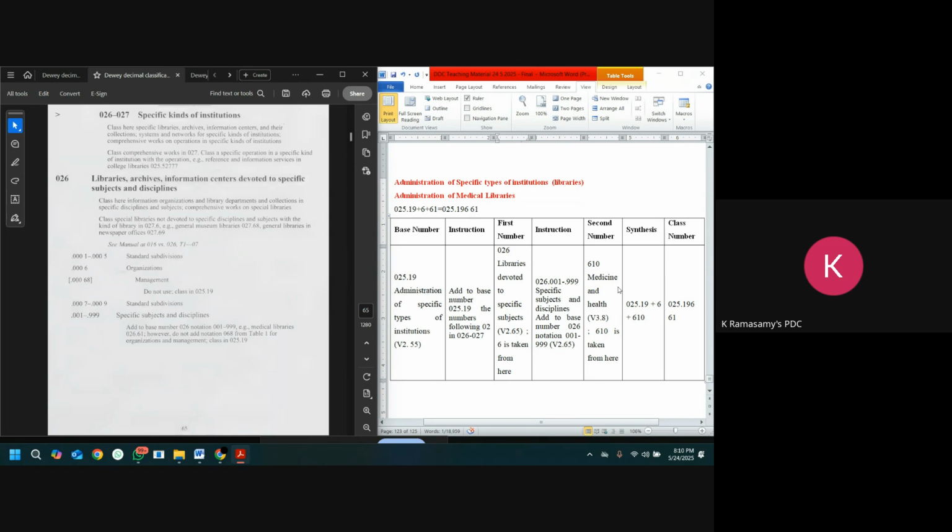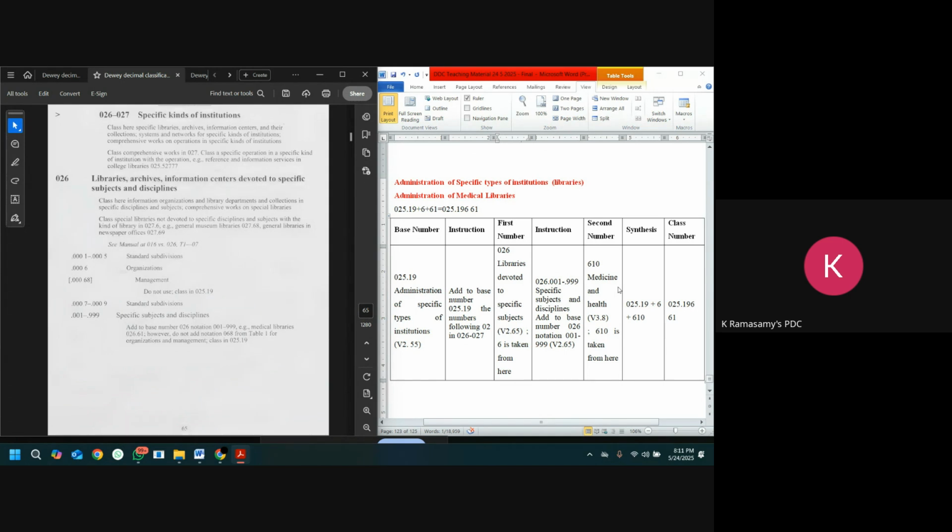Then comes Table 5, ethnic and national groups, either within a section or without, through insertion 089. You can add Table 5 numbers to any number. Then Table 6: whenever insertion is available, you can add Table 6 numbers to either 400 subdivisions or 800 subdivisions. And finally, there is something called multiple synthesis, where a base number is taken from the schedule.